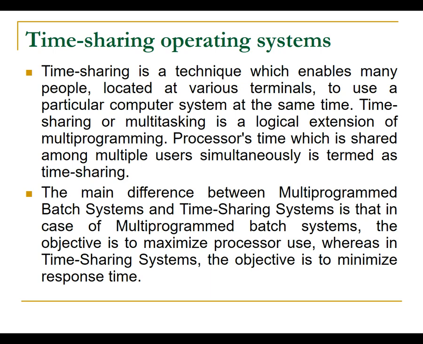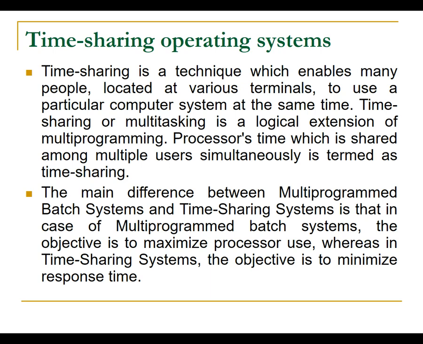That means a batch operating system and multi-program operating system maximize the processor usage time. That means it will take the maximum amount of processor time for executing a particular task.